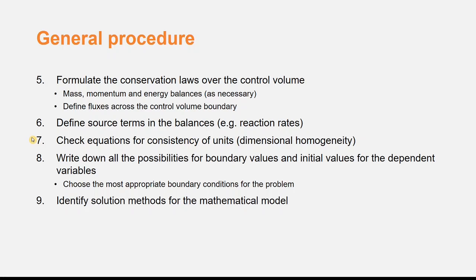Check equations for consistency of units, or dimensional homogeneity. Step 8. Write down all the possibilities for boundary values and initial values for the dependent variables, and then choose the most appropriate boundary conditions for the problem. And finally, identify solution methods for the mathematical model.